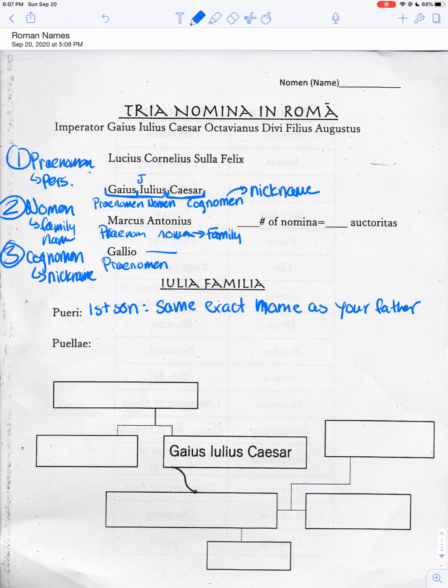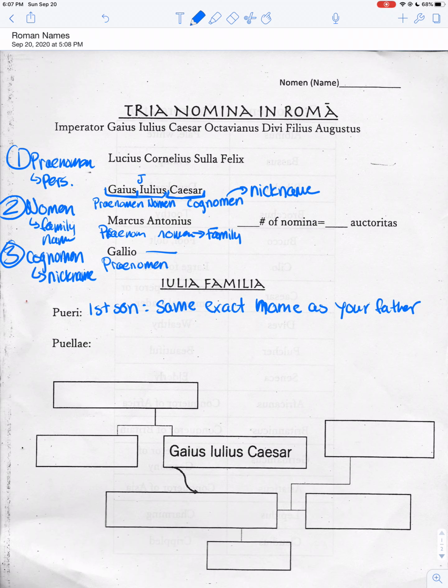Now, Romans back then were not as clever. Well, they thought they were really clever, but they were not as creative, as I would say. They based these nicknames on physical features that you had. So if you had white hair, you might be called Whitey or White.